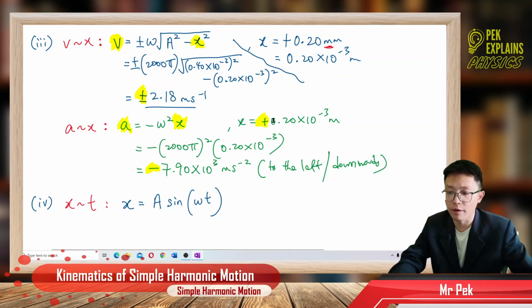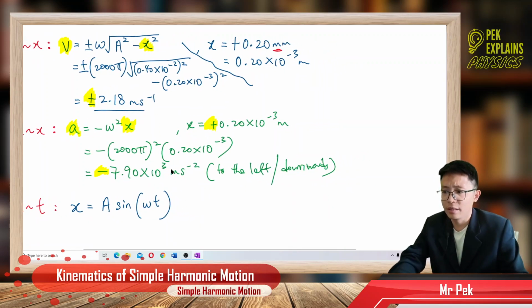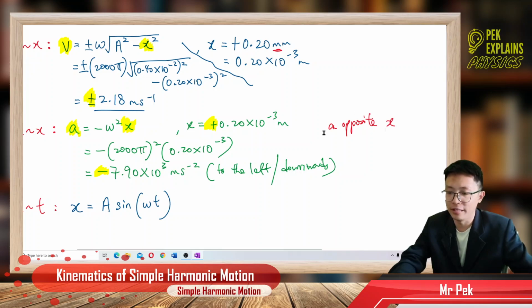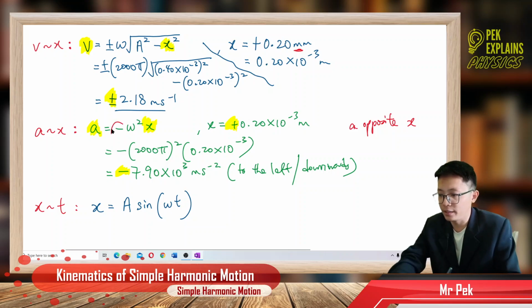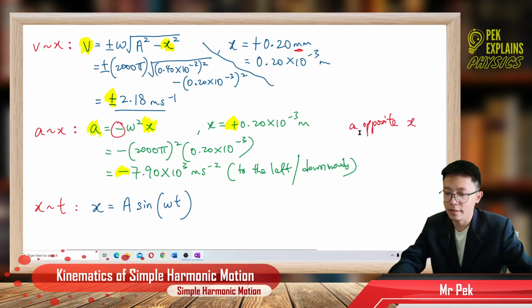When displacement is to the right, acceleration is to the left. When displacement is upwards, acceleration is downward. Why? Because acceleration is always opposite to x, based on a equal to negative omega square x because of the negative sign. Acceleration is always opposite the x.